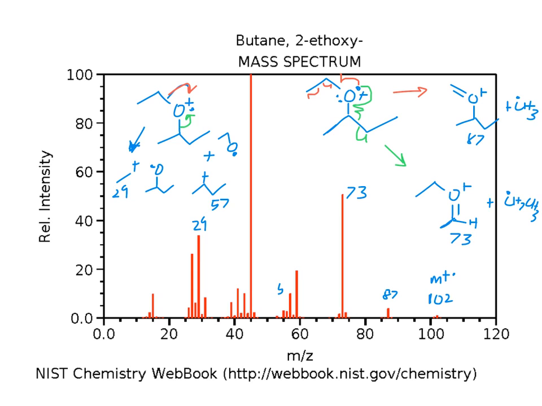So here's 57 down here. All right, so we've kind of gotten almost everything except for the base peak, right? Which the base peak is the one which really would be the best to see.